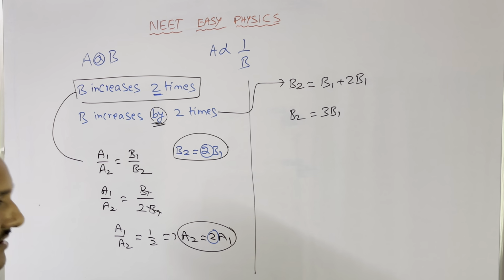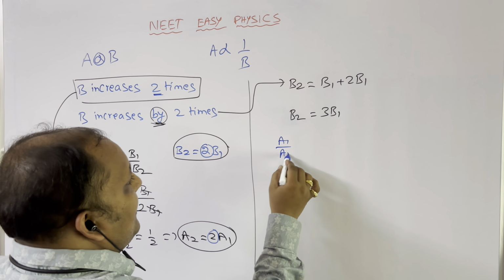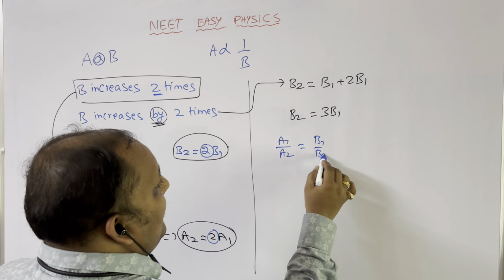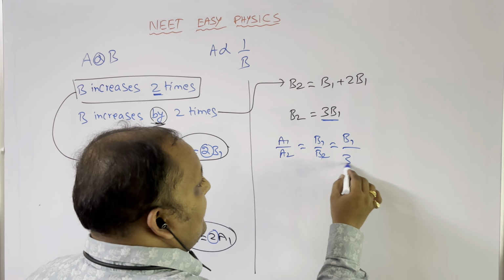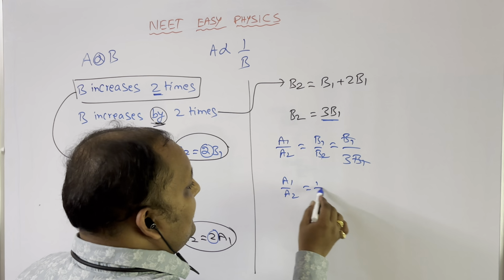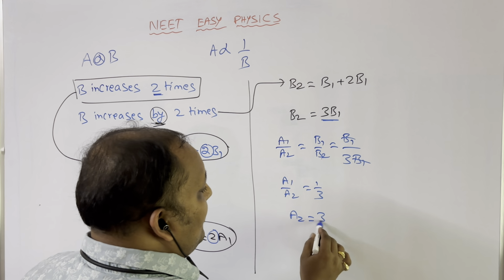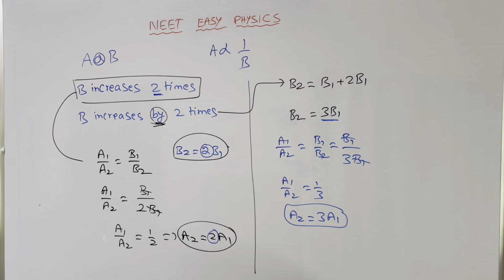Now see how we do it when it is directly proportional. A1 by A2 is equal to B1 by B2. Now B1 by B2, what is B2? 3B1. These two will be cancelled. A1 by A2 is 1 by 3. Then A2 is 3A1. Now see the difference. B increases 2 times, A also increases 2 times.